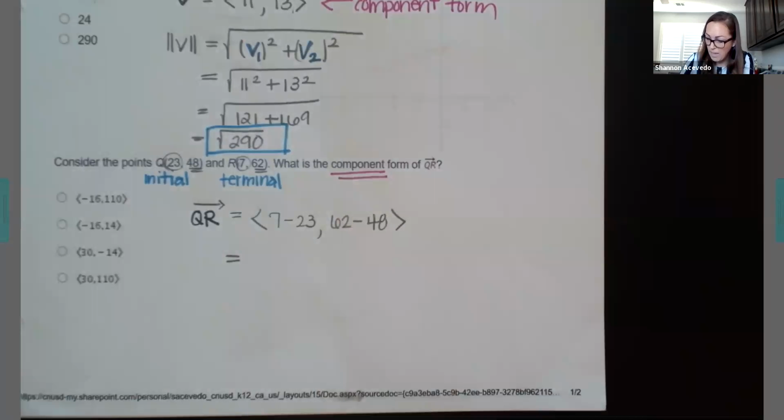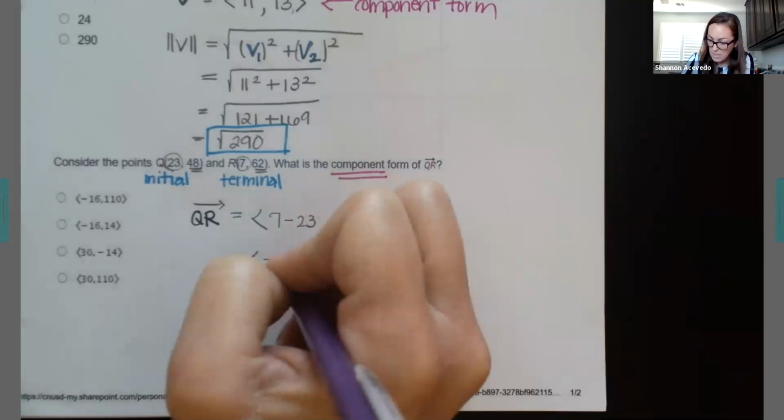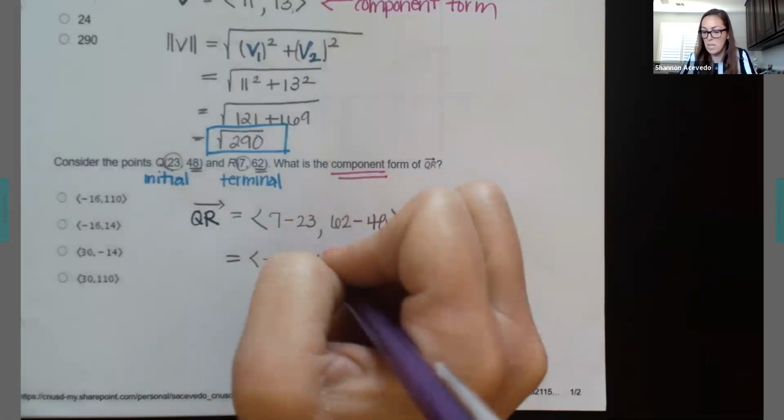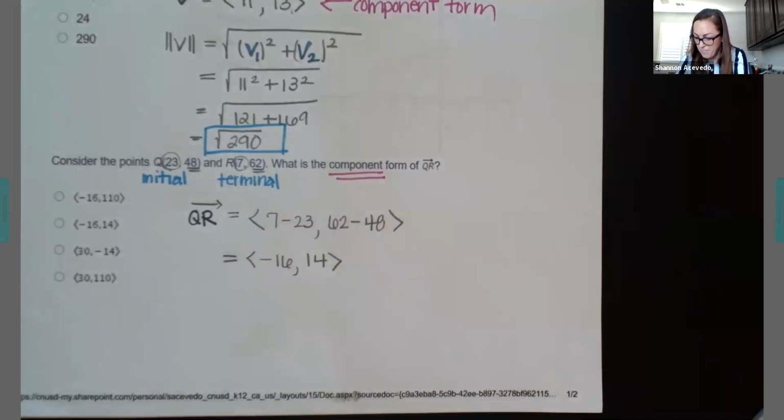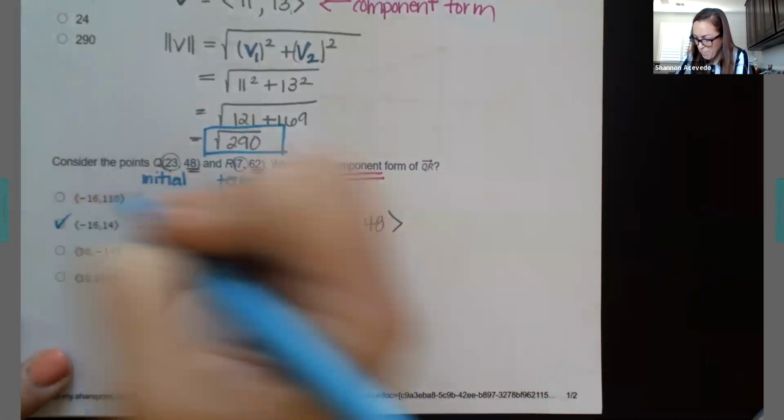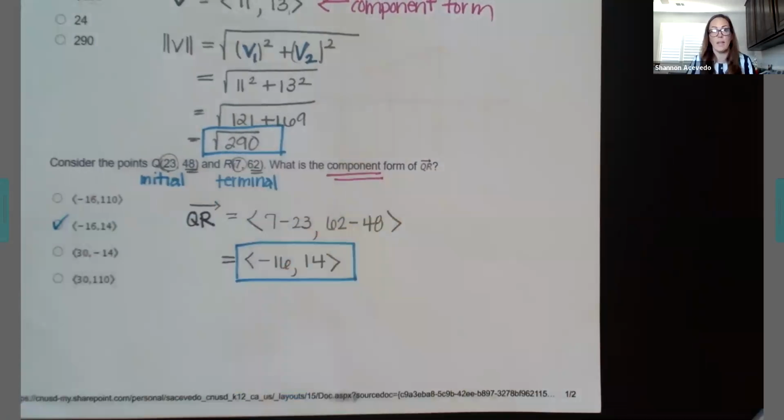And when I do that, I get negative 16, positive 14, done. And we're on to the next problem.